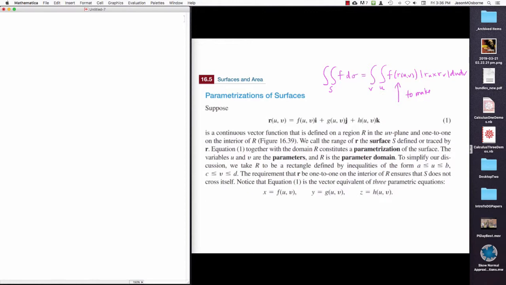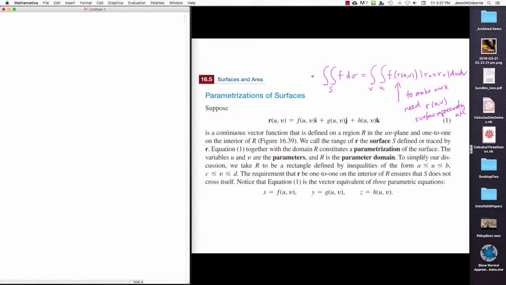To make this kind of integral work, we need to know what the function r(u,v) is, called the surface parametrization. So that was one of the integrals we needed to do.